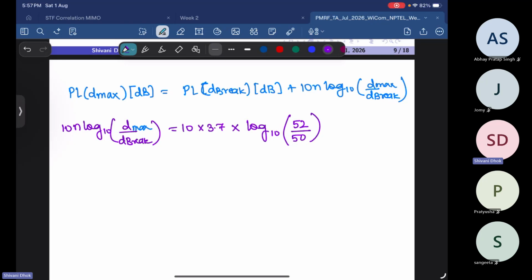If you simplify this, it comes out to be equal to 0.63 dB.